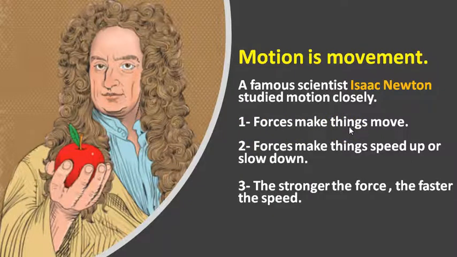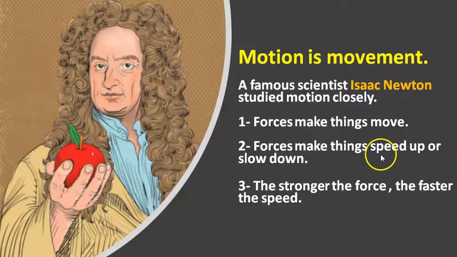Newton's first law of motion states that an object won't move by itself, and that once in motion, it won't stop unless some force acts upon it. Clear? Means forces make things move. Number 2, he told us forces make things speed up or slow down.